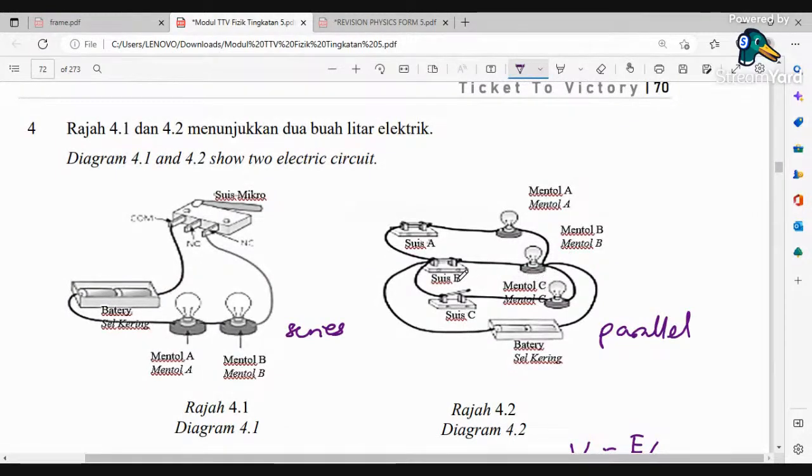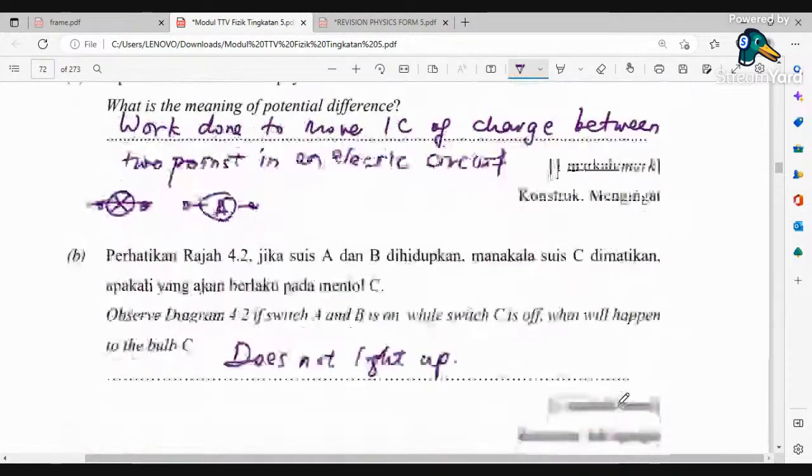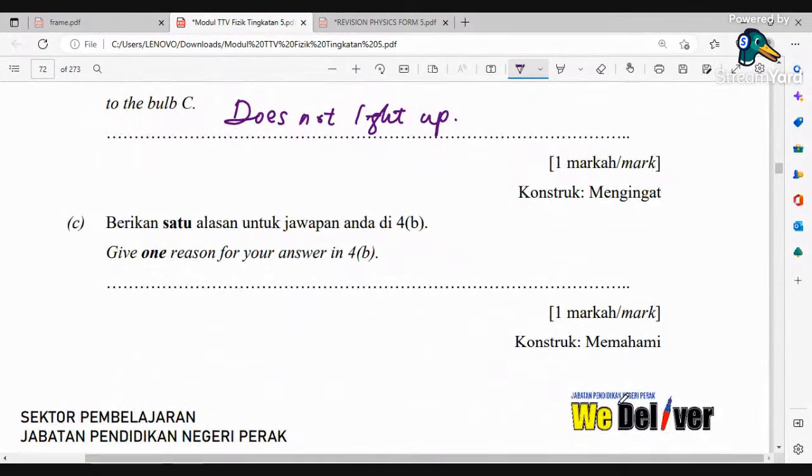Ni, non power C ni. Okay. So no current flow. Give one reason. No current flow to C. To bulb C. Ya.